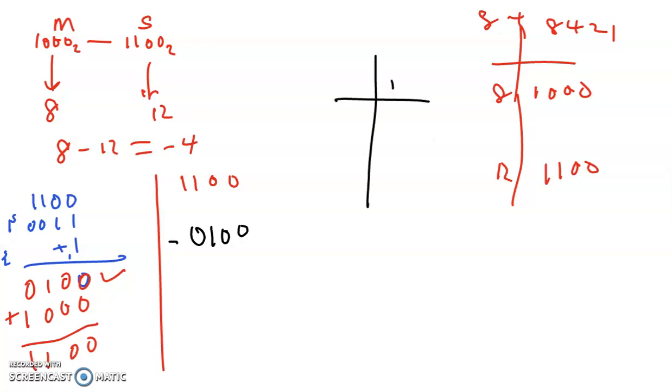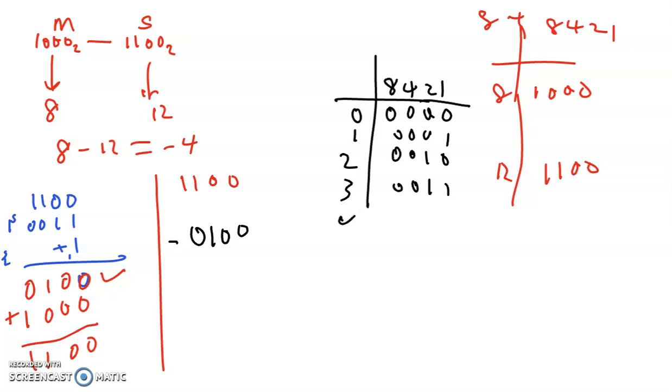We are using 8421. For 0, it is simply 0, 0, 0, 0. For 1, it is 0, 0, 0, 1. For 2, it is 0, 0, 1, 0. For 3, it is 0, 0, 1, 1. And for 4, it is 0, 1, 0, 0.